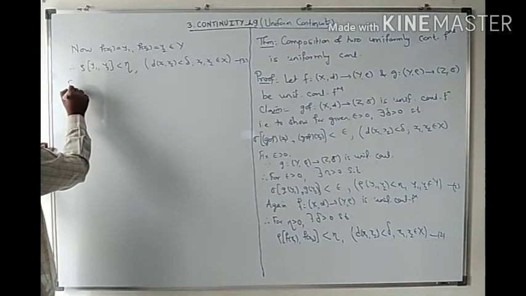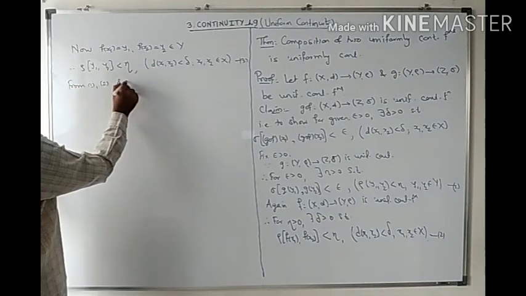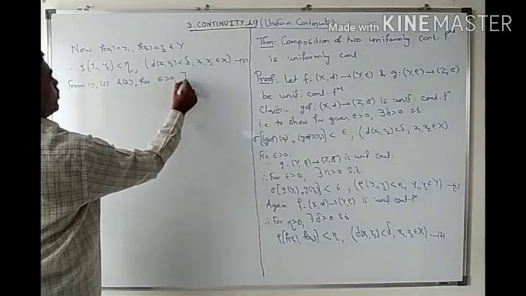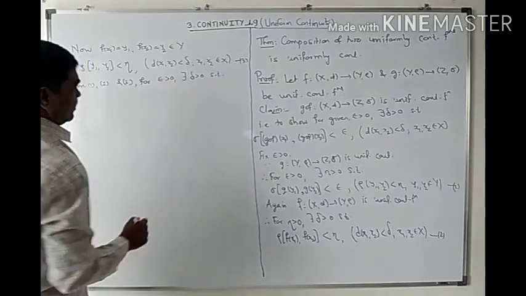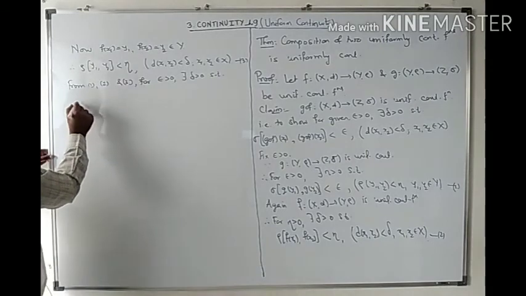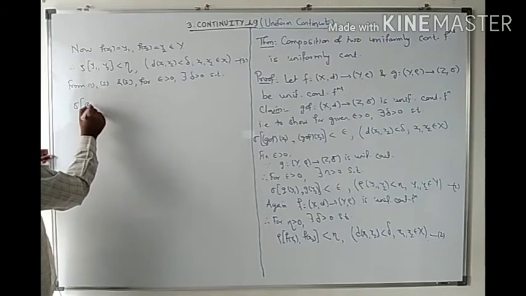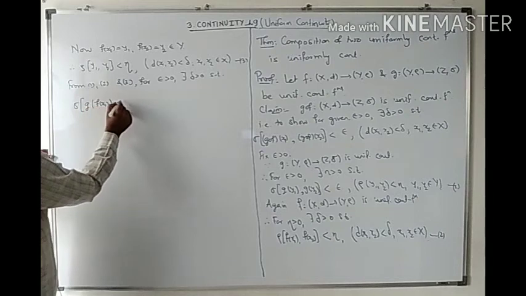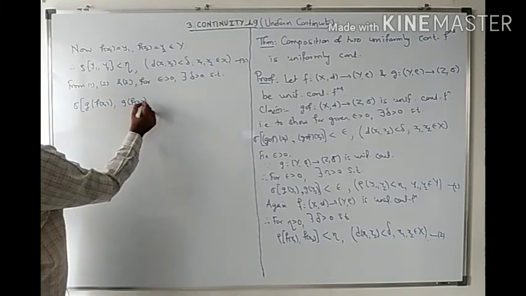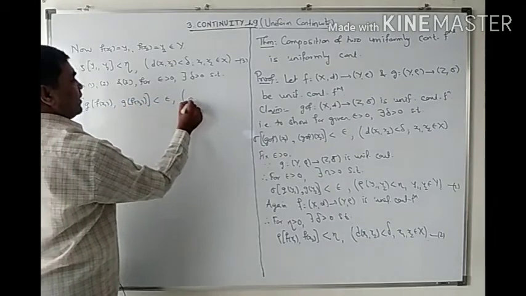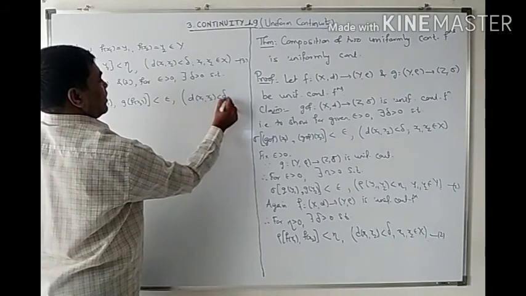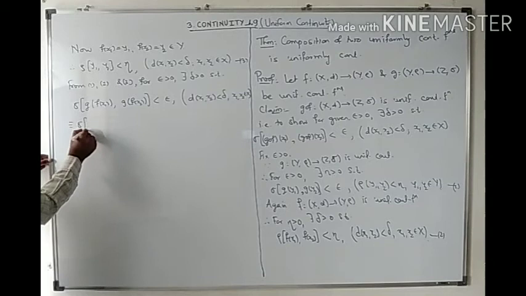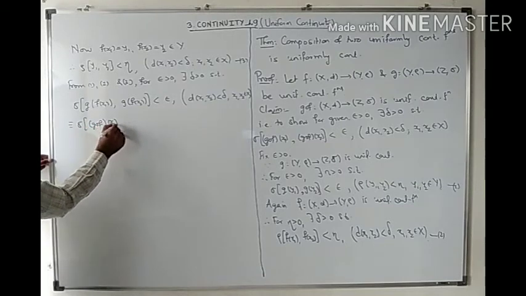So from 1 to 3, for epsilon greater than 0, there exists delta greater than 0 such that sigma of g of f of x1, g of f of x2 is less than epsilon whenever d of x1, x2 is less than delta, x1, x2 belonging to X. This is equivalent to sigma of (g composite f)(x1), (g composite f)(x2) less than epsilon, by definition of composition of maps.